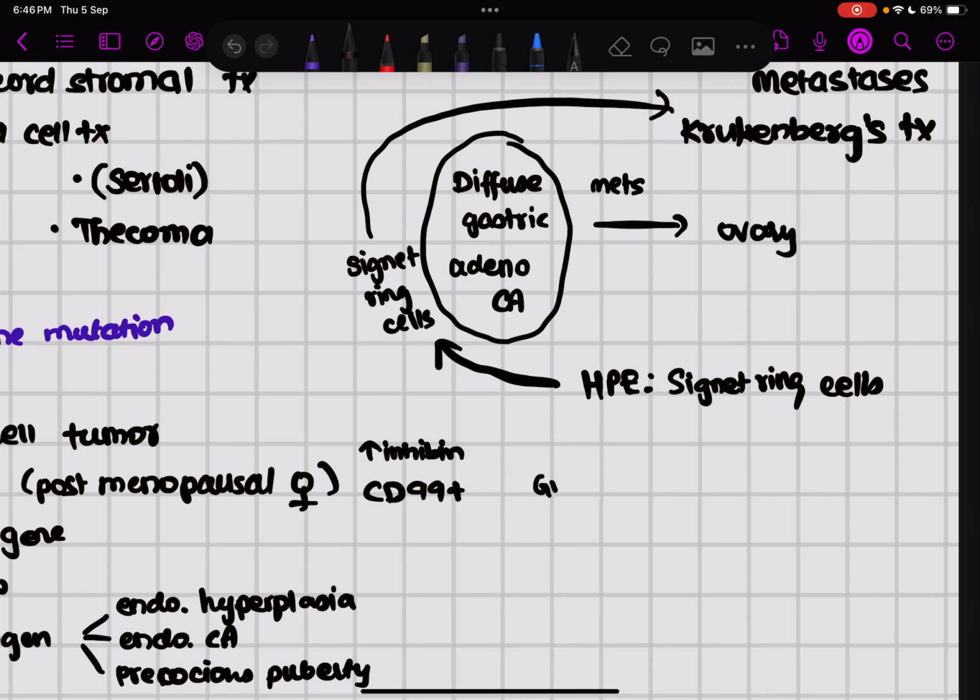On gross examination, you see that it is bilateral, symmetric enlargement, and the capsule is intact.